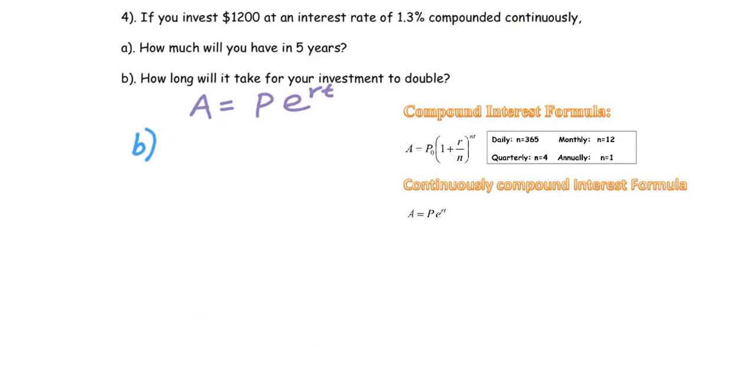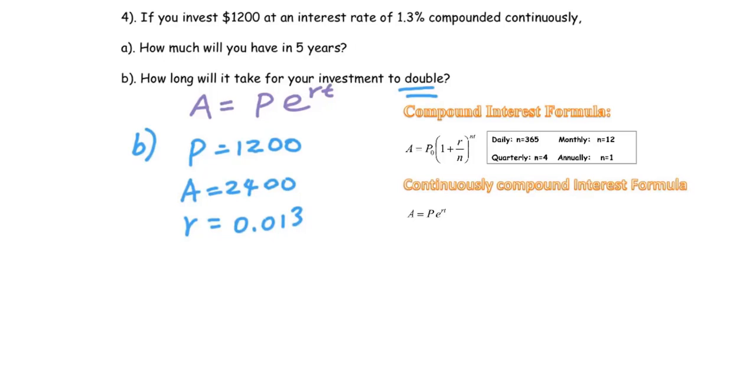We are given P equals 1,200 and A equals 2,400, see, double. And R equals 0.013.